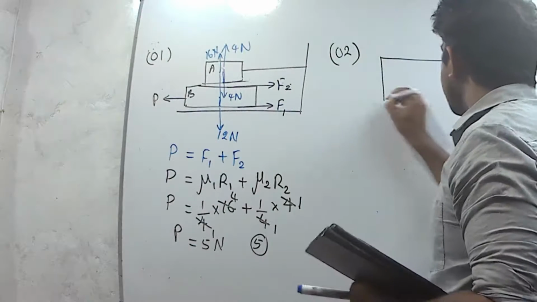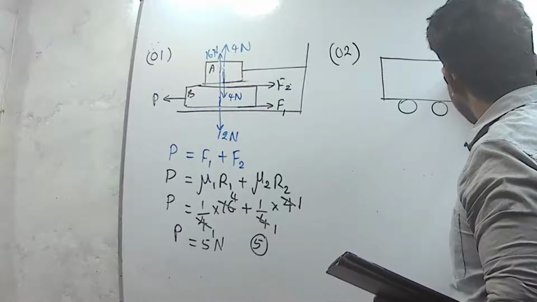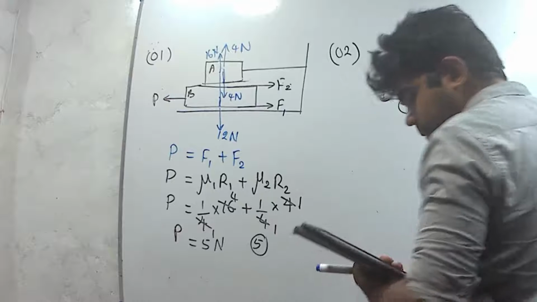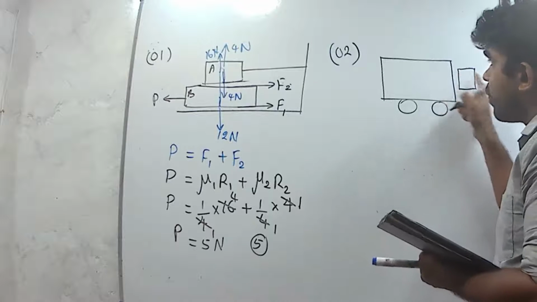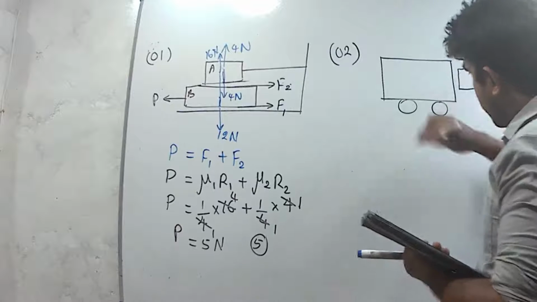There is a trolley like this, and the block is touching the front surface of the trolley.